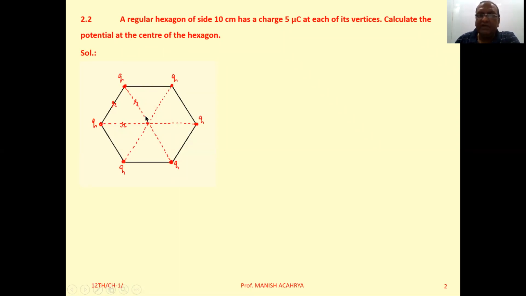Now, here first we have to calculate the potential at the center due to any one charge, then multiply it by 6. Now, the charge at each corner is 5 microcoulomb, so that is 5 × 10^-6 coulomb, and the side is 10 centimeter.